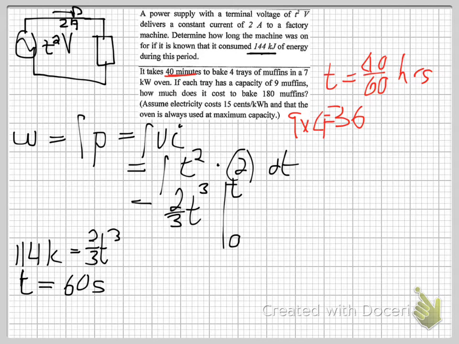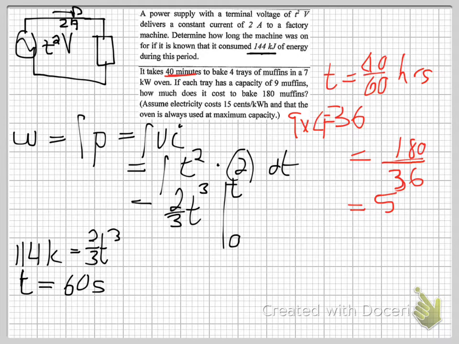The number of times you need to repeat this process is 180 divided by 36, because you want to get to 180. This means that you have to repeat this process 5 times.